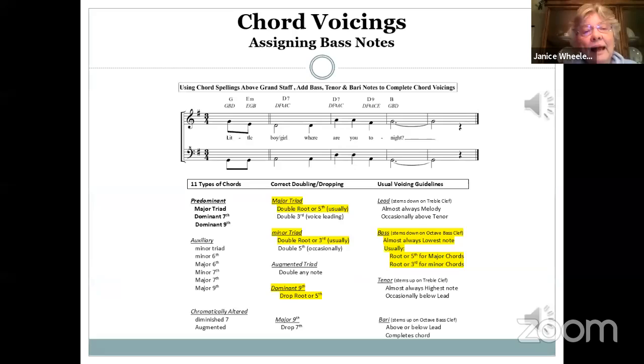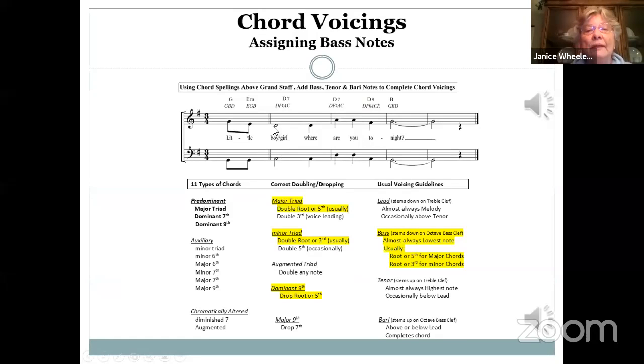Now we could have the bass jump down to an E or jump up to an E, but that's probably not in the best interest of what we call voice leading, which is the smoothness of the line of the individual part. So since we have a choice between the root and the 3rd, and very often the 3rd is considered to be the strongest choice for a minor chord, minor triad, we're going to go with the G there.